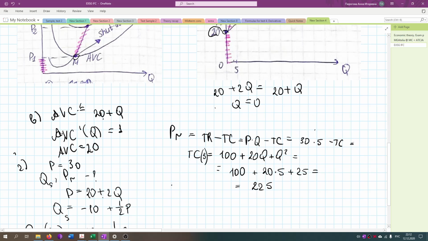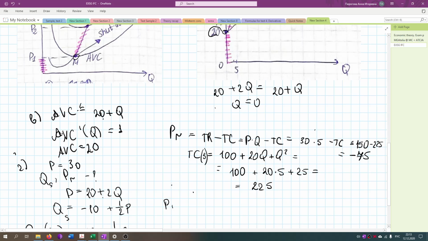So in this case, we have 150 minus 225, and we see that we have a negative profit, minus 75.